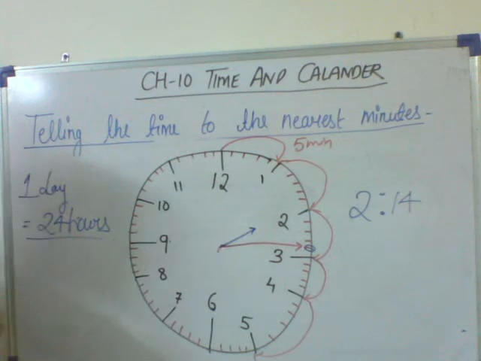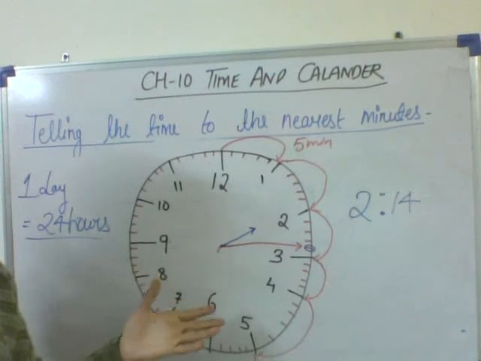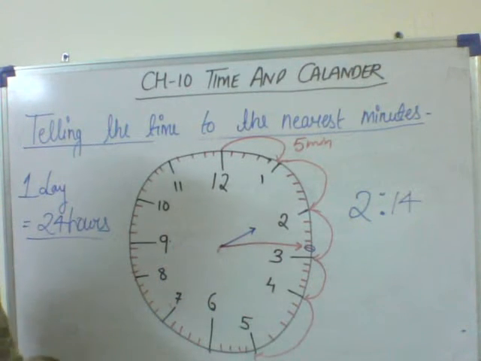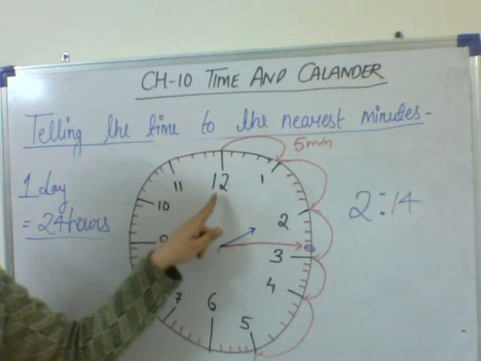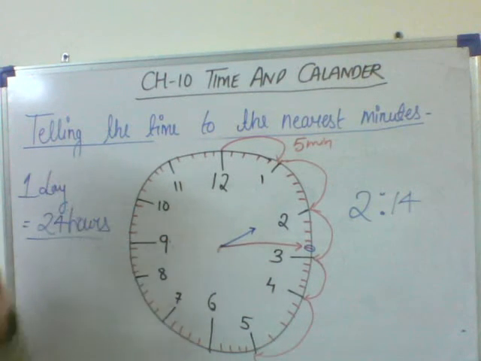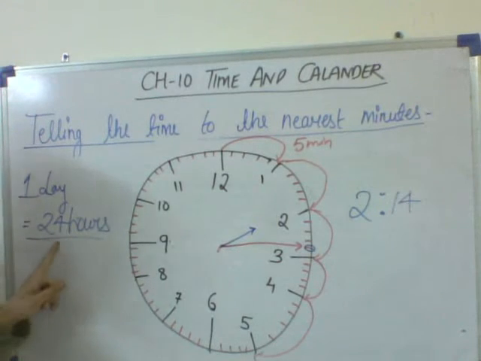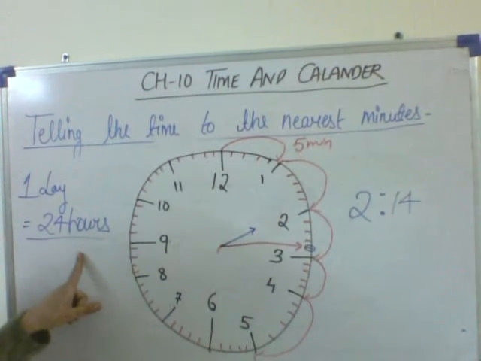So the time repeats every 12 hours. Like 5 we have in the morning and in the evening also. The time repeats in both morning and evening. Why? Because we have a 12-hour clock, and there are 24 hours in a day.